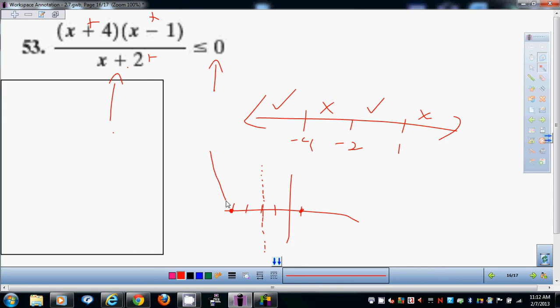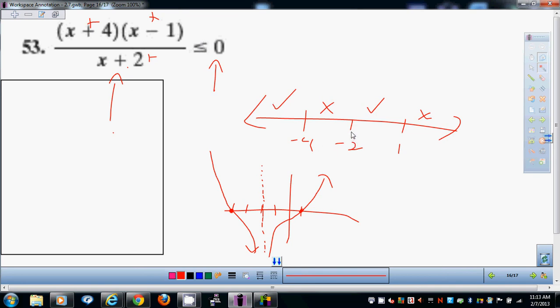Good question. Excellent question. Because can you equal 0 in the bottom? No. Which means around the -2, you have to have a parentheses. However, the actual problem has an equal sign, so everywhere else there will be a bracket.